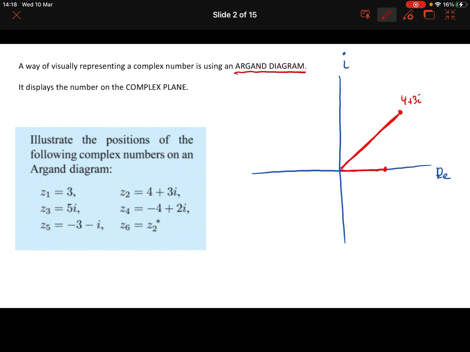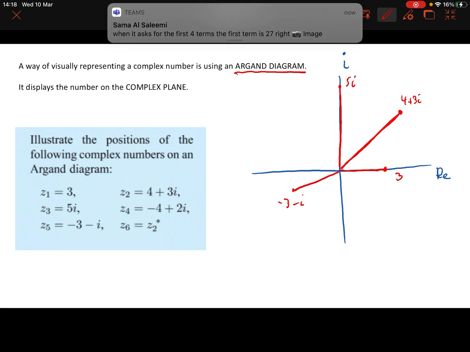Okay, we can do Z3, which is just purely imaginary. So that would be, say, something like this. It's 5i. Minus 3 minus i might be something like this. Okay, minus 3 minus i.